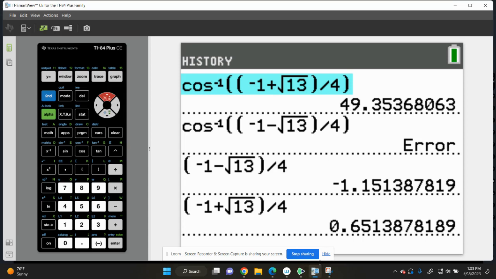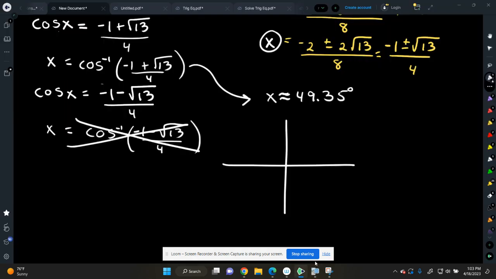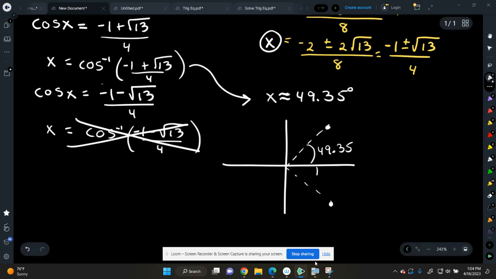Okay? So I have to look at that on my unit circle. Here's my 49.35. Okay. That's positive. Where else is cosine positive? Down here. So this reference angle is 49.35. So what's the other answer? 360 minus 49.35.